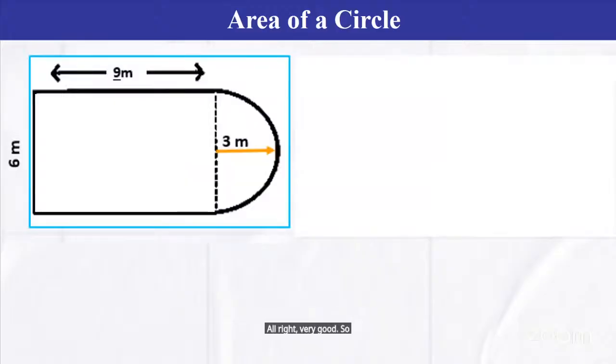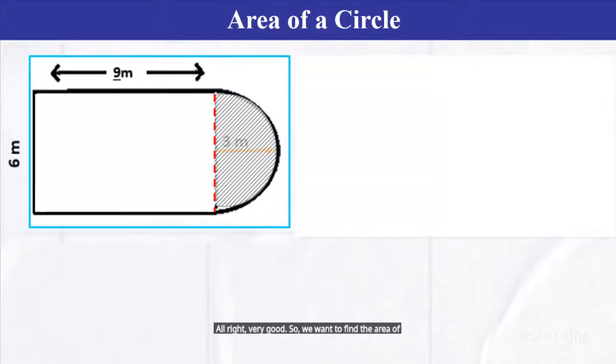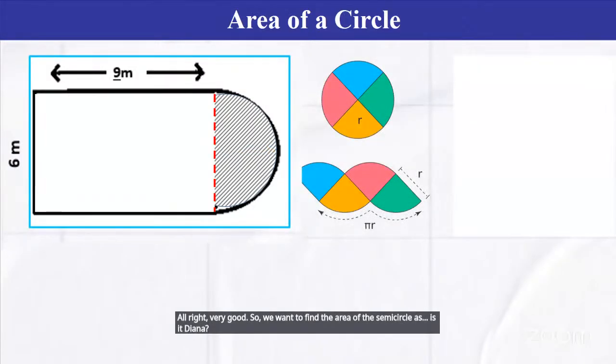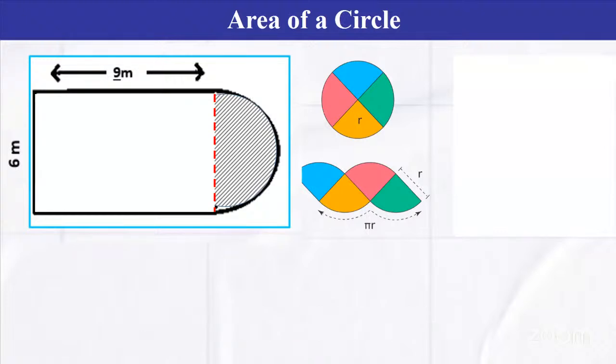All right. Very good. So we want to find the area of the semicircle, is it Diana? Yes, Deanna. Okay. Does anybody know the formula for finding the area of a circle?